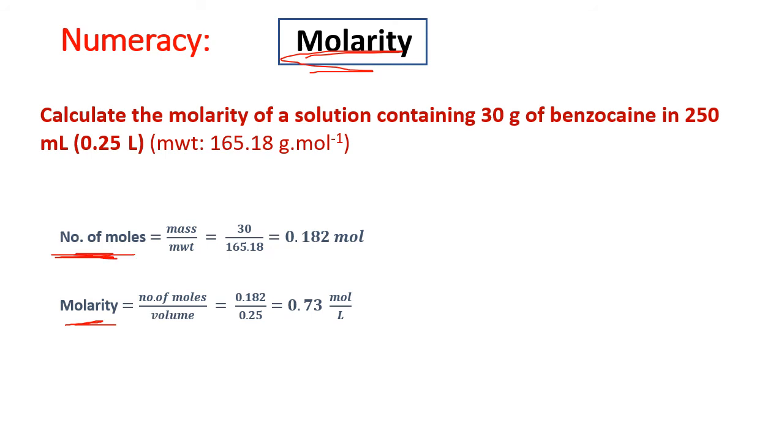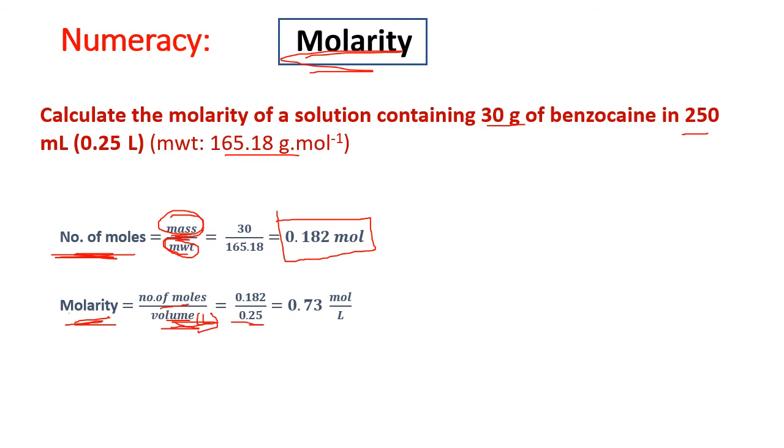The number of moles is equal to the mass over the molecular weight, or the mass over the molar mass. So if I have the mass 30 grams over the molar mass, then I get the number of moles. The molarity is the number of moles dissolved in the volume, but this volume must be in what? In liters. So even if he gave you 250 milliliters of solution, you need to convert this into liters and use 0.25.